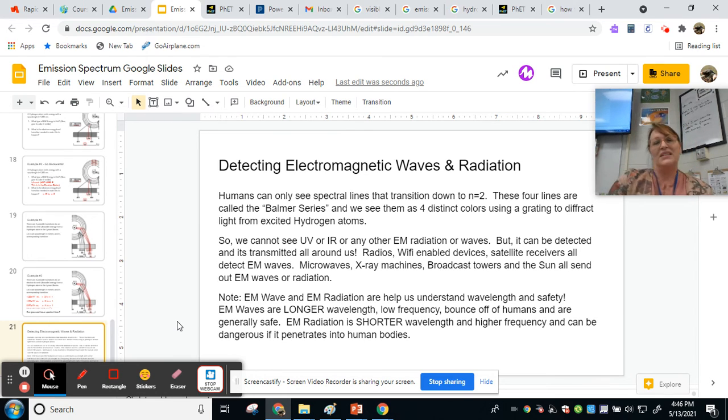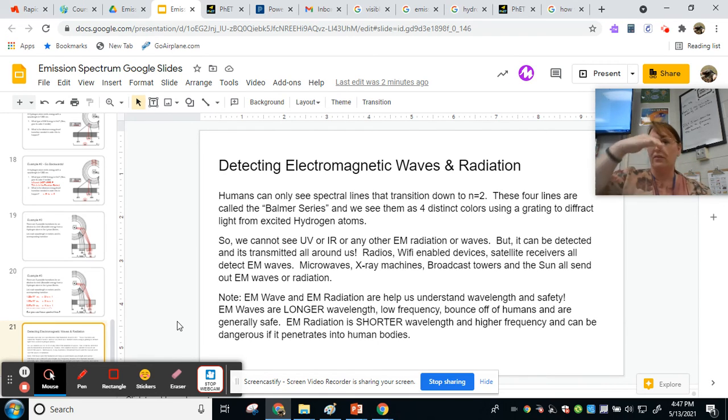So just a few comments here on detecting electromagnetic waves and radiation. We can only see spectral lines that transition down to the n equal 2 energy level. So if it's coming from n equal 3 to n equal 2, n equal 4 to n equal 2, n equal 5 to n equal 2, it has to end up on n equal 2, and we're able to see it. That's because the way our eyes are anatomically oriented and created, they can only see wavelengths about the size of a virus.